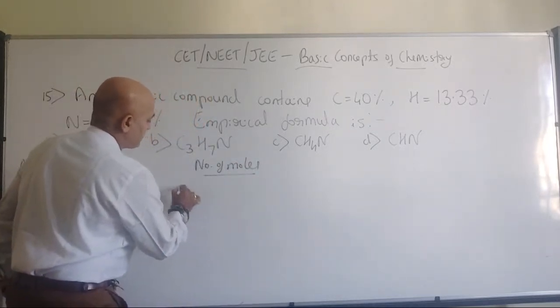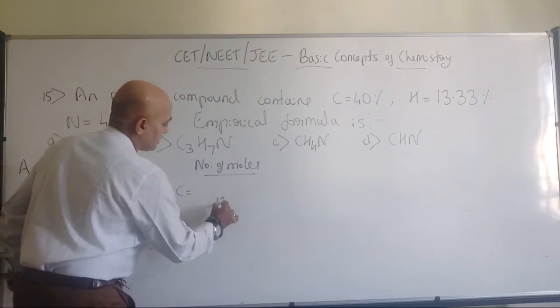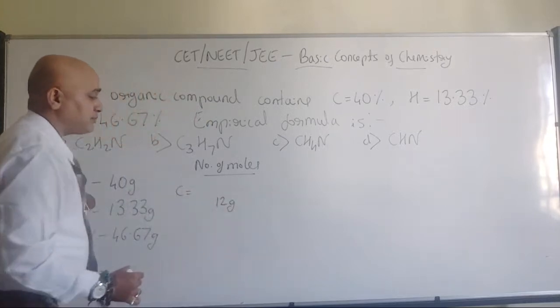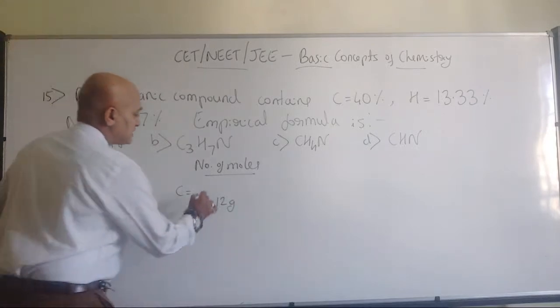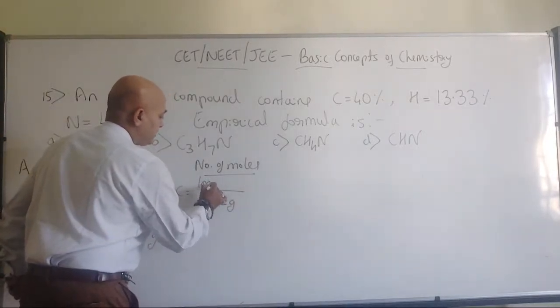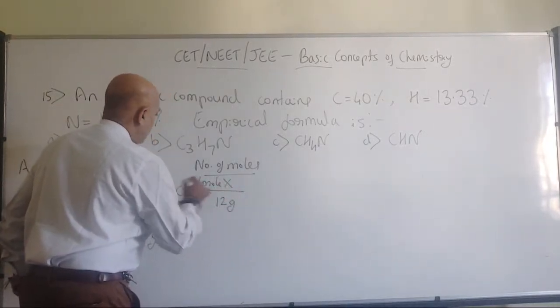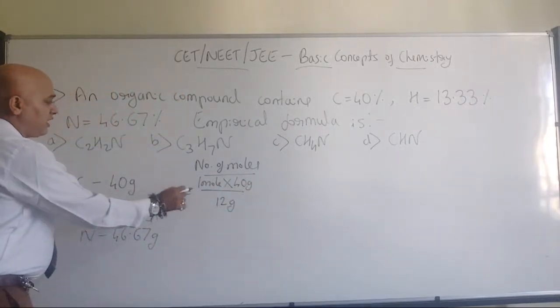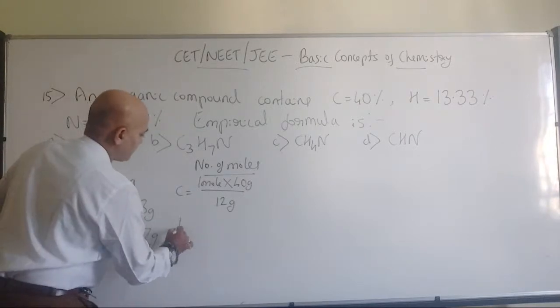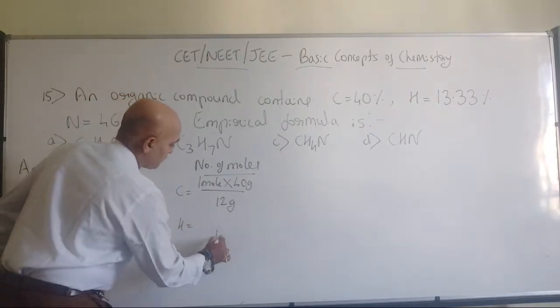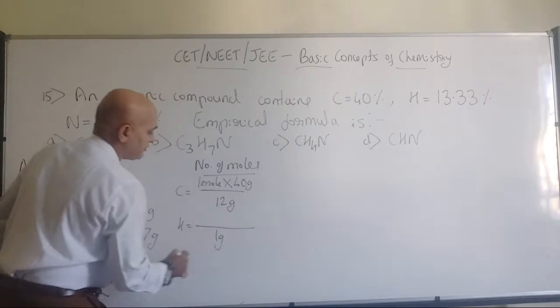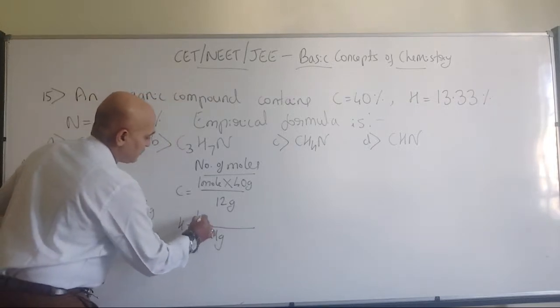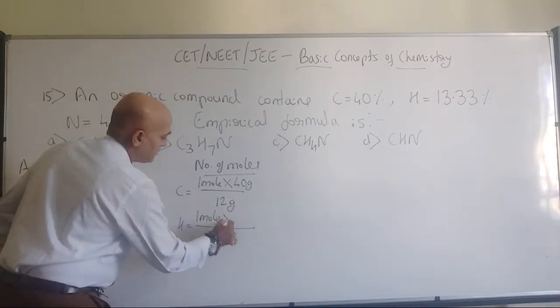Say for example, with respect to carbon, the atomic mass of carbon is 12 gram. So for 12 gram it will be 1 mole. How much for 40 grams? Same way for hydrogen, the atomic mass of hydrogen is 1. So for 1 gram it is 1 mole.